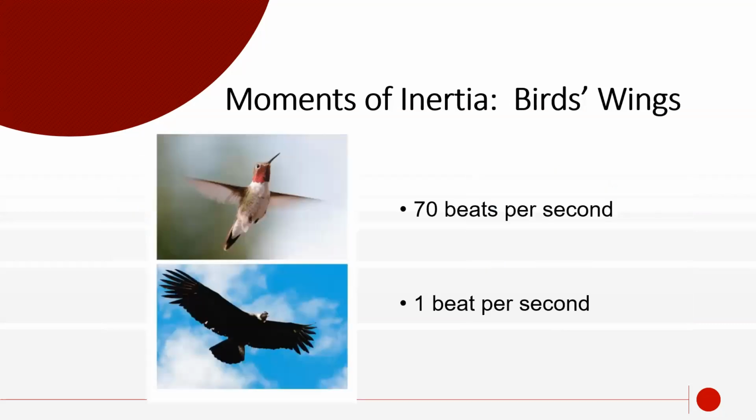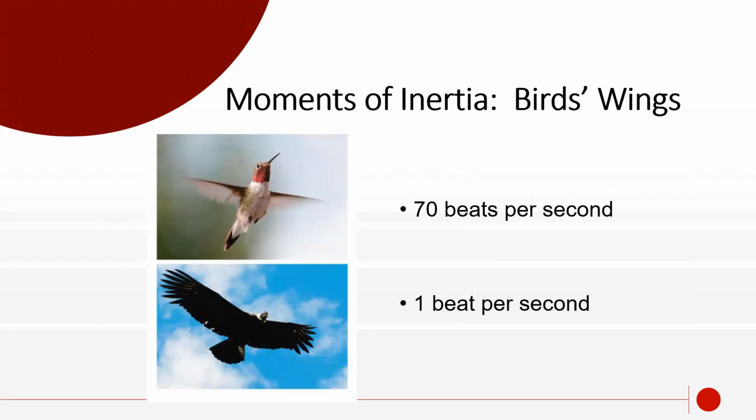I found the following information on the web regarding birds' wings and thought it interesting for this particular topic. When a bird flaps its wings, it rotates the wings up and down around the shoulder. A hummingbird has small wings with a small moment of inertia, so it can move its wings rapidly, up to 70 beats per second.